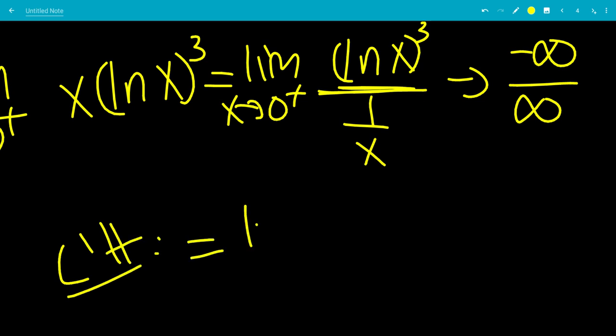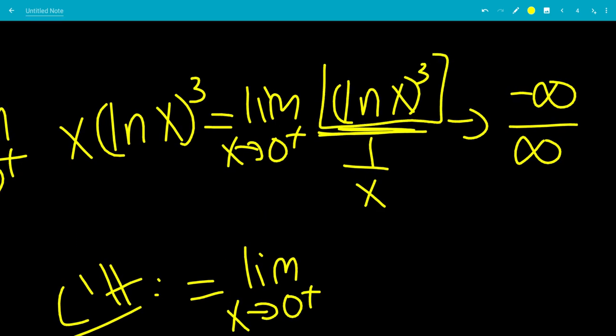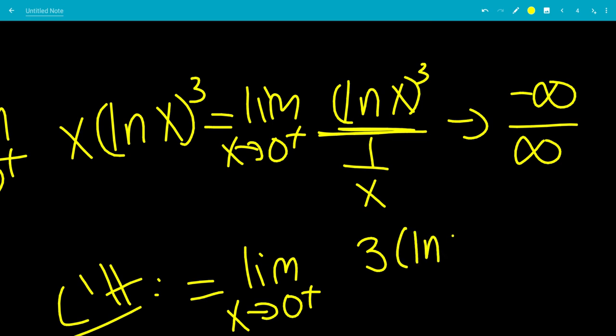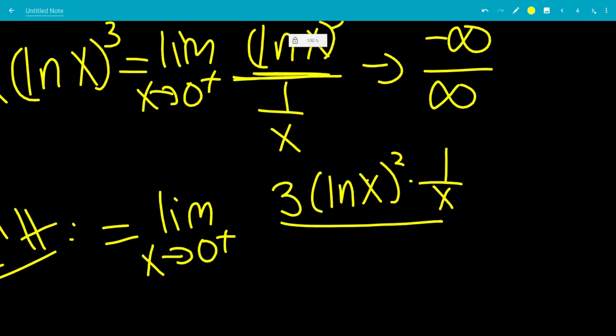So leaving us with the limit as x goes to 0 plus of the derivative of ln x to the third power. We can think about this as the inside function, so this would be u cubed. The derivative of u cubed is 3u squared. So that would be ln of x quantity squared times 1 over x, that's the derivative of ln x, all over minus 1 over x squared.